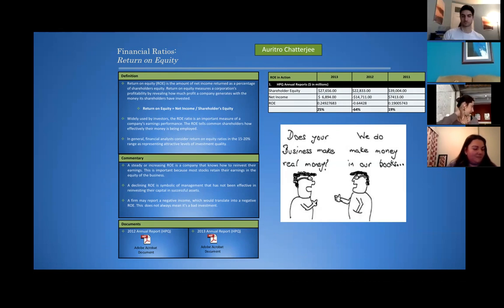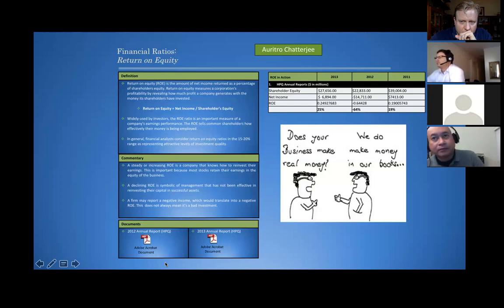Again, however, keep in mind that apart from not looking at just this particular ratio, ROE should be looked at over the course of a few accounting periods. That would give you a better understanding of where it's trending. Because oftentimes companies can post a negative return on equity, which is not necessarily a bad thing. A declining trend can be a bad thing, but not necessarily a negative return.